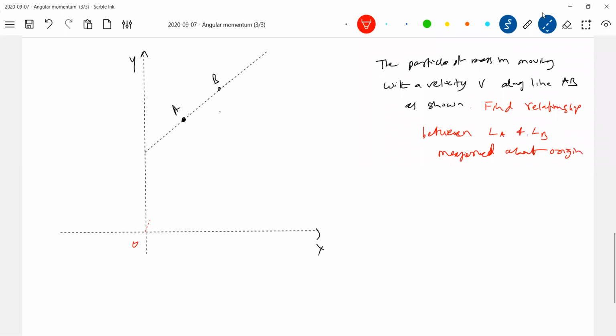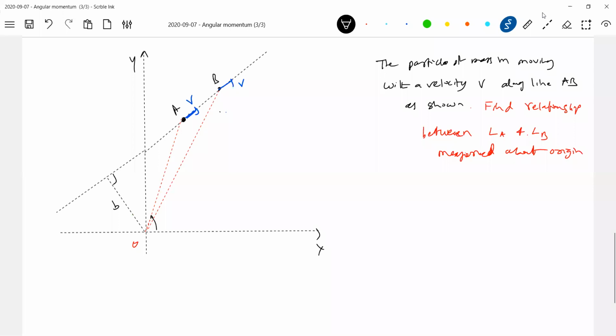I'll go back to this one. This is R1 bar, this is R2 bar. When the particle is here, it will have constant velocity. The particle will move with a constant velocity. Let me extend this line back. Shall we take this as B?